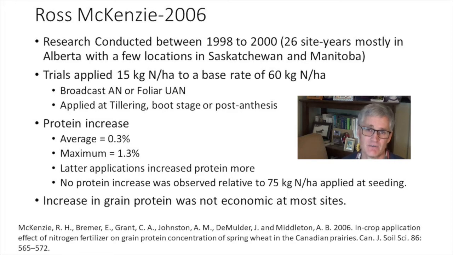Overall, they found an average of about a 0.3% increase in protein with a maximum of 1.3% increase. The later applications did increase protein more, but none of the applications really improved protein over just putting that extra nitrogen down at seeding. In the end, the grain protein increases were not economic at most sites.